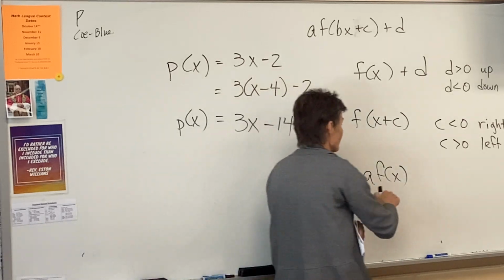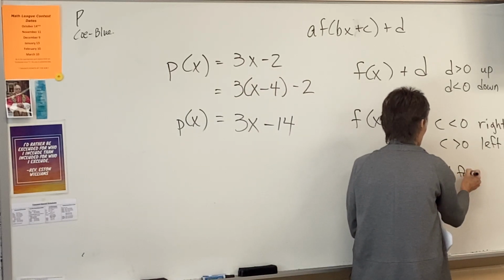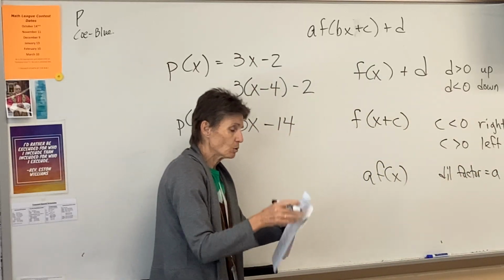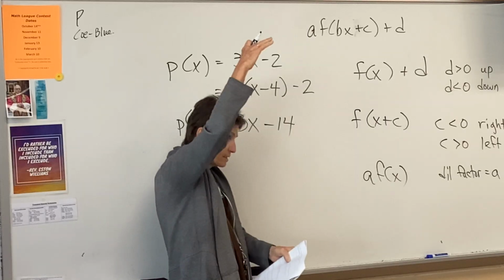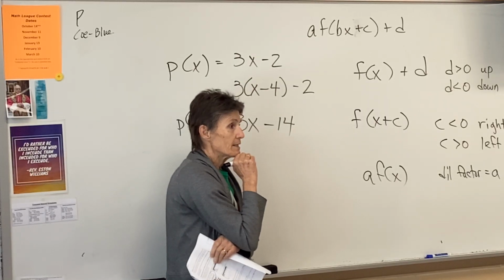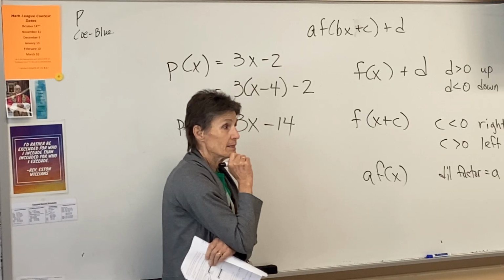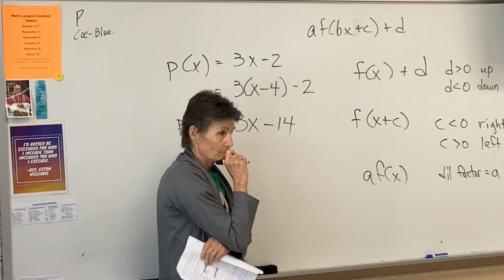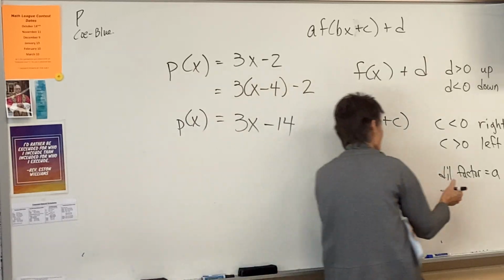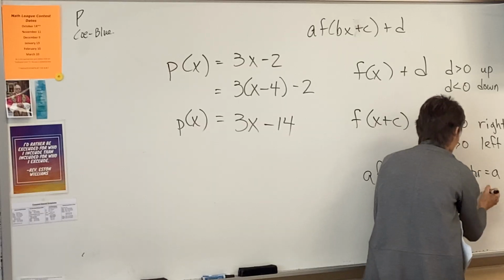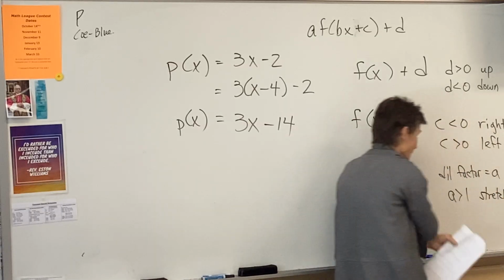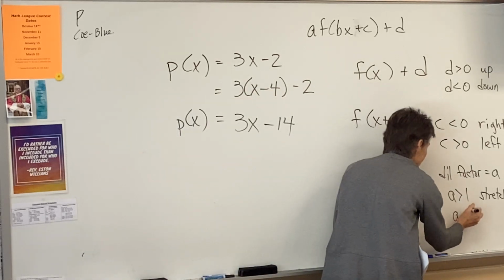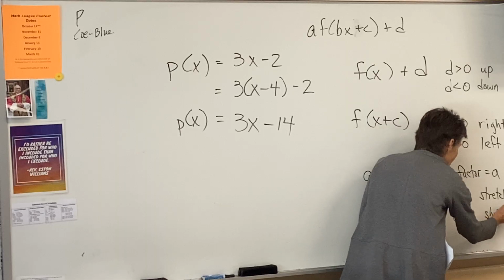Well, the dilation factor is A. So the factor is A. And then it stretches in the y direction, so it stretches vertically if A is bigger than 1. Beautiful. And it shrinks in the y direction if A is less than 1.